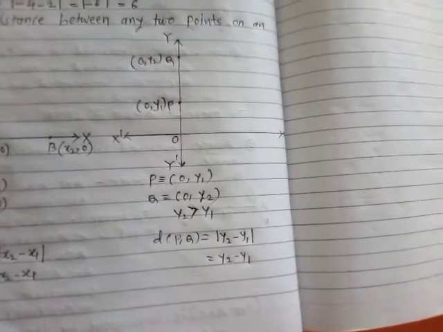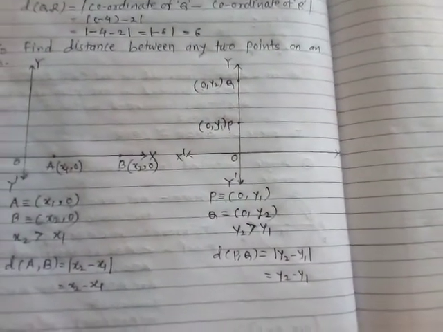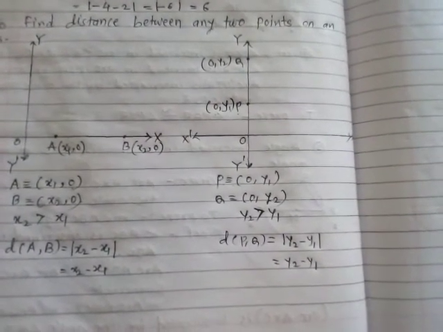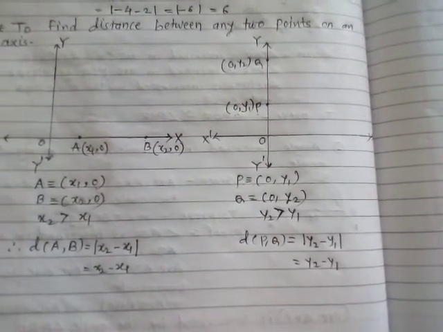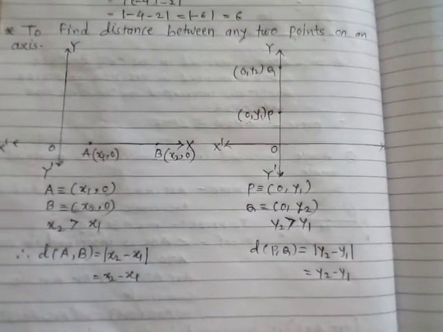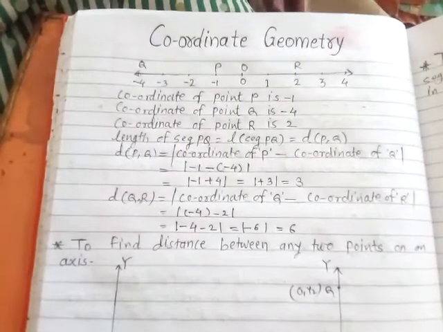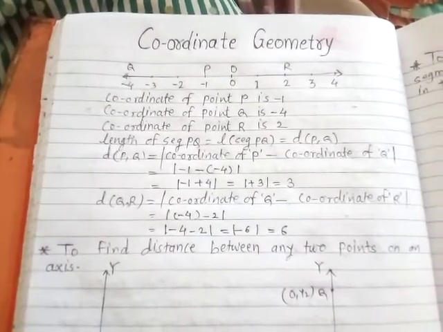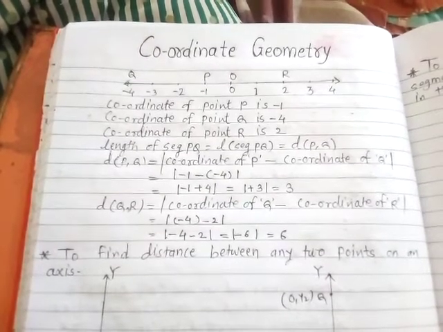Here we have to be clear that if two points lie on only one axis, then the distance between them is x2 minus x1 or y2 minus y1. Recalling this concept: first we considered a number line, where the distance between any two numbers is the coordinate of the first point minus the coordinate of the second point.